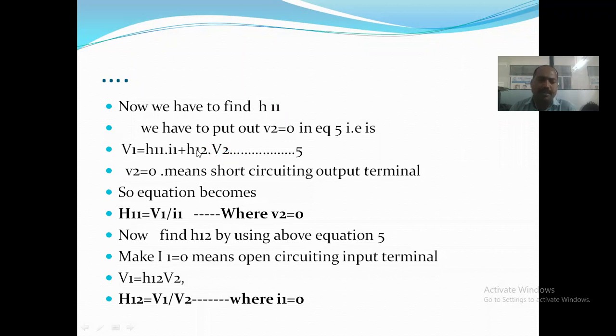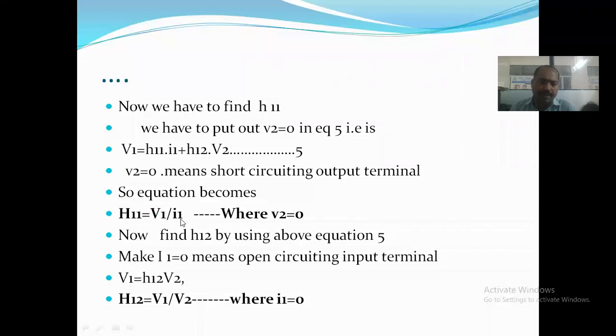That should be needed. That's why we make V2 as 0. So this term becomes 0 into H12, that is 0. So V1 which is equal to H11 I1. So H11 is equal to V1 upon I1. The multiply goes to the other side as a divide. So H11 is nothing but V1 upon I1.